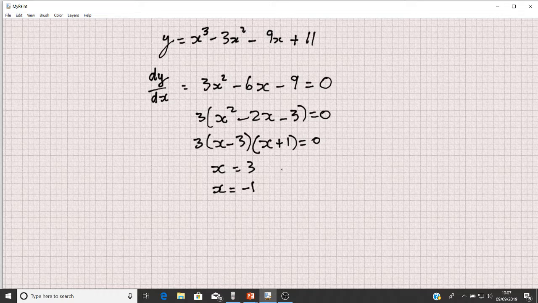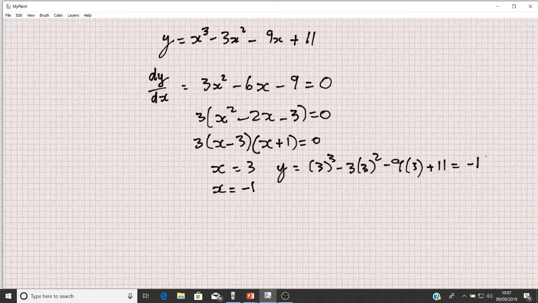So when we sub in to find the y value, we'll sub the x equals 3 into the cubic. So we'll have 3 cubed minus 3 times 3 squared minus 9 times 3 plus 11, and that works out to be negative 16.